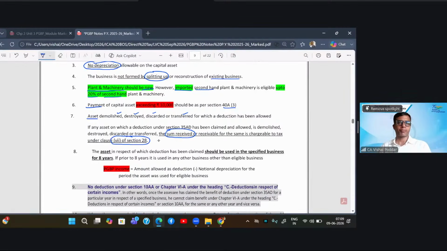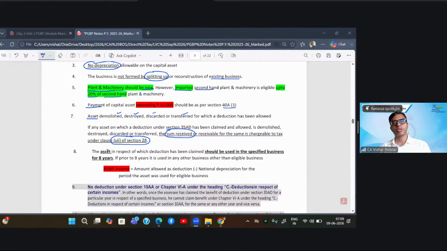One is this. So, what is this point? Wherever you have sold this asset, the asset on which you have claimed 100% deduction under 35AD, whenever you sell it, the sale proceeds that you realize, that entire amount will be treated as your PGBP income under Section 28.